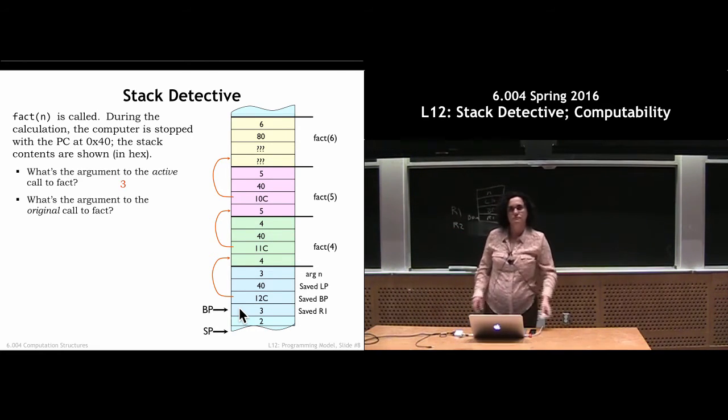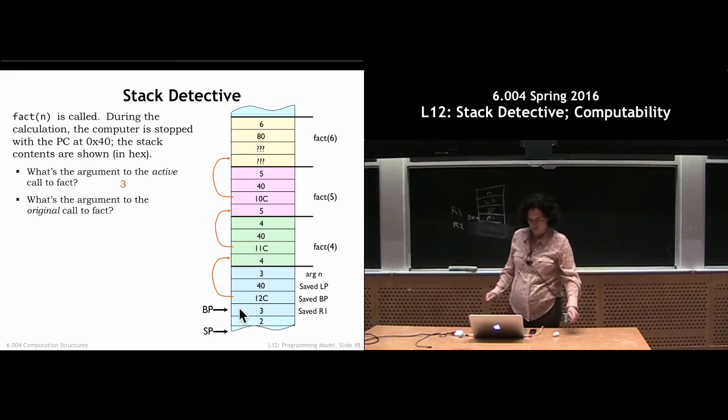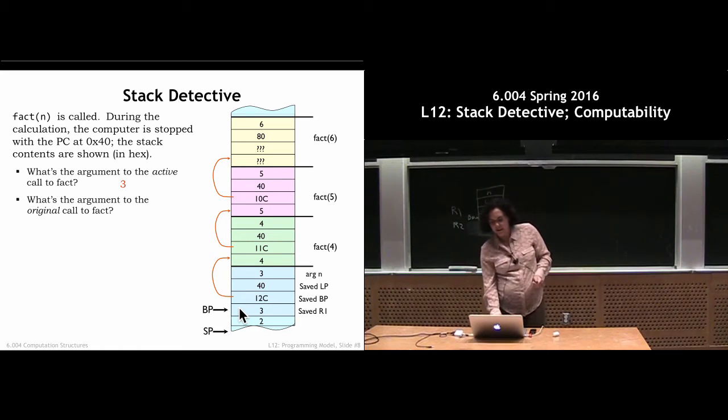So in this example, would you actually figure out where 12C is in memory, and that's where you draw that arrow for the previous base pointer? Or did you use the prior knowledge that you were only using a single register? I used the prior knowledge that I was only using a single register. And so my activation record has 4 elements in it, which means that each one of these is also going to have 4 elements in it.